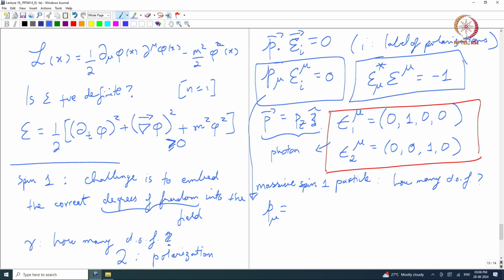Let's still take the z to be the propagation direction. Would you agree that the 4 momentum is now whatever the energy is, 0, 0, pz, agreed, such that E square minus pz squared is nothing but p mu which I am writing as p square, right. And of course this is the invariant mass square, that is literally the mass.